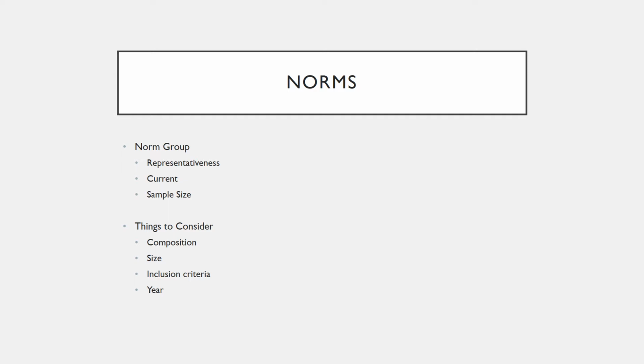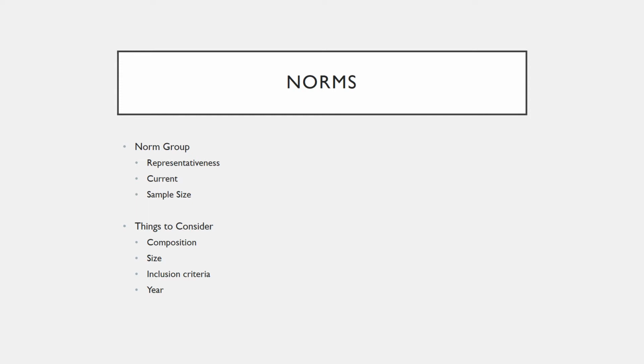So in talking about norms and norming groups, looking at norm referenced interpretation, it's important to really understand who this group of people is that have scores being compared to the scores of our clients or our students that we are working with. As part of looking at reliability, validity, and appropriateness of an assessment, it's important to make sure the norming group is appropriate for the client that we're working with.